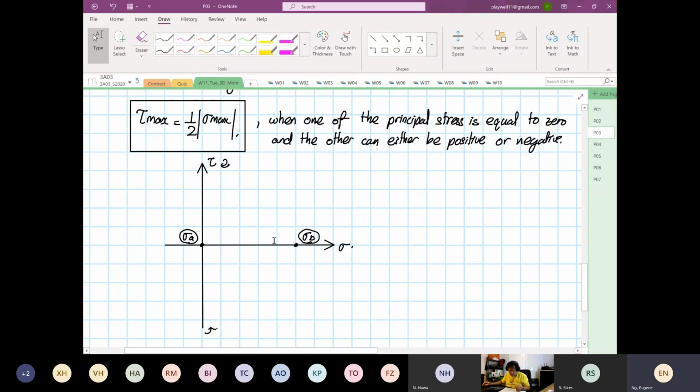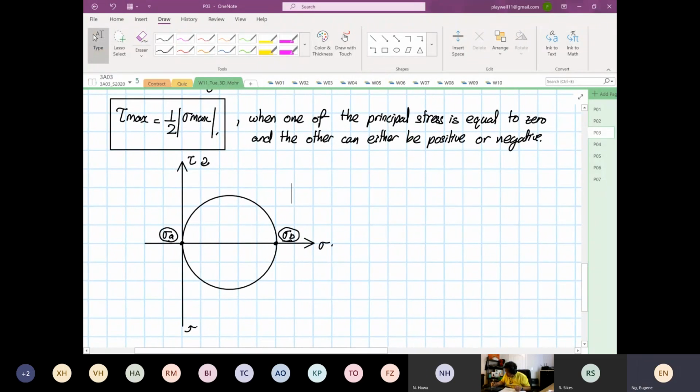Okay. So for this case, when we construct the Mohr circle, right? So tau max, or the maximum shear, will be equal to stress max divided by 2, right? So this is equal to stress B divided by 2, okay?